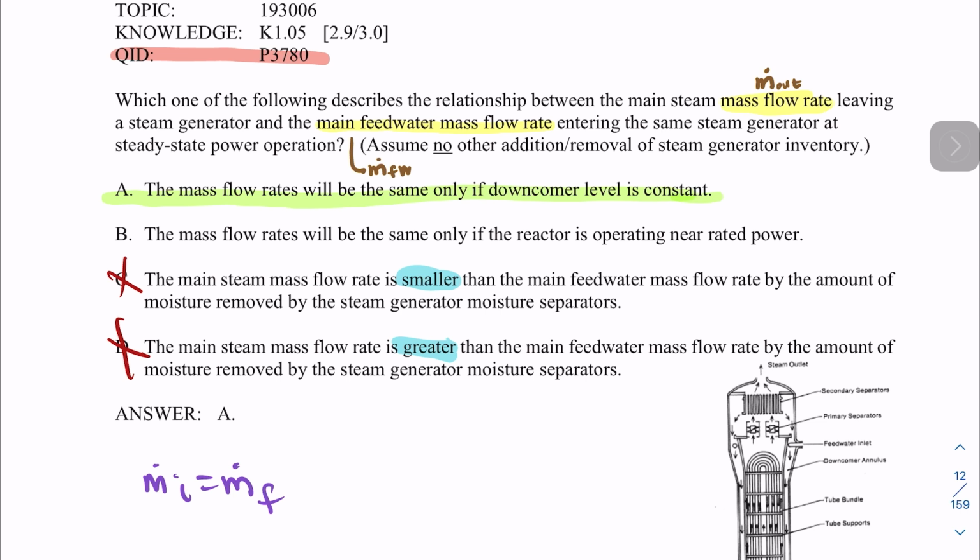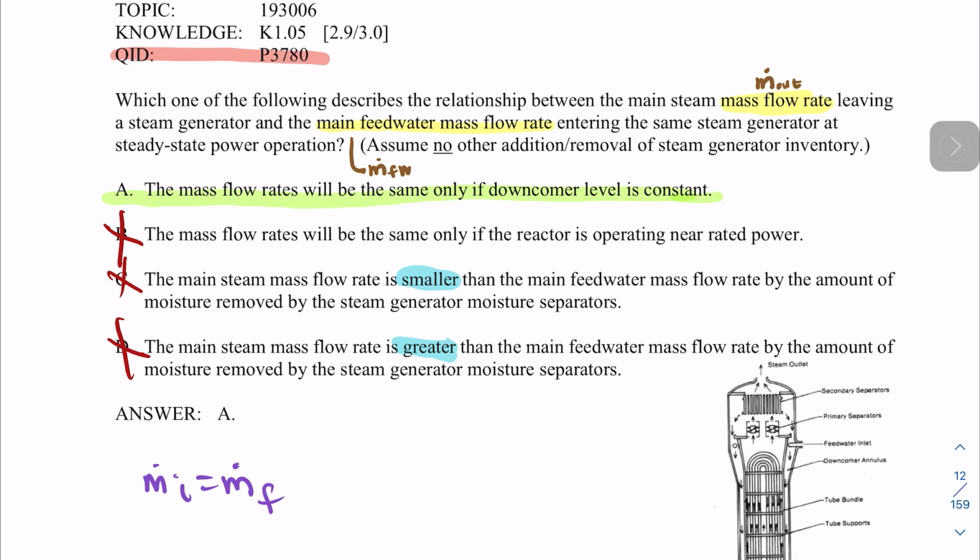The mass flow rate is not going to depend on whether we run the reactor at a certain power level or not, because then imagine it would be completely hard to calculate all of that. So, no. So finally, the answer is the mass flow rates will be the same only if downcomer level is constant.